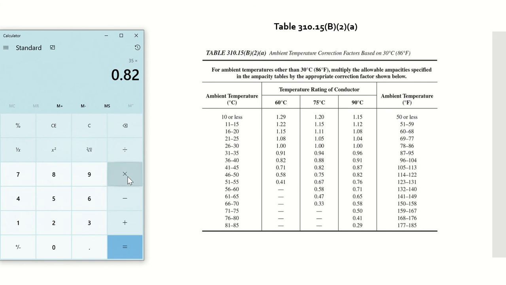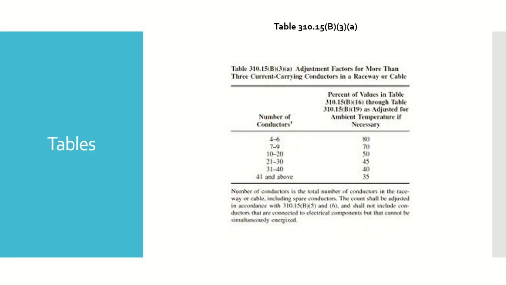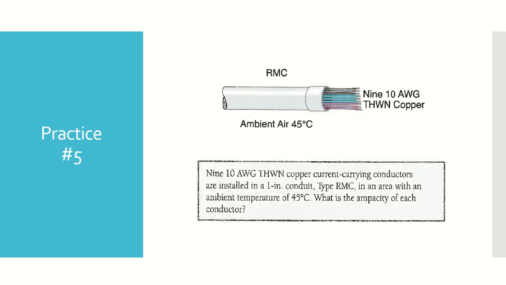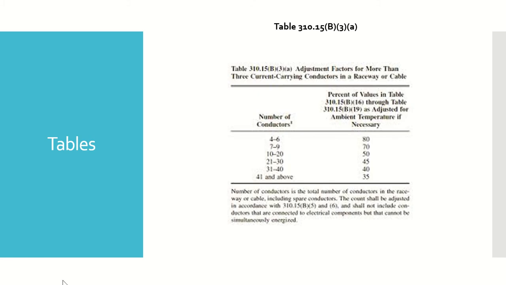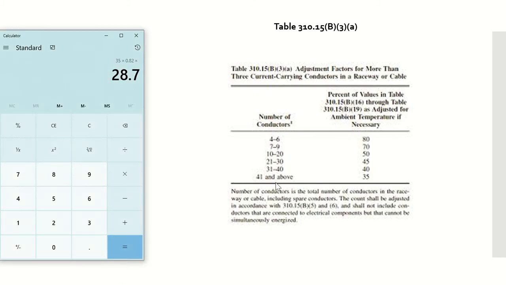And then we said we had one more thing that we had to do, since we had more than 3 current carrying conductors in our rigid conduit, we had 9 of them. And then I'm going to take 9 conductors and multiply it by 70%. So take that times 0.7, which gives me 20.09 amps.